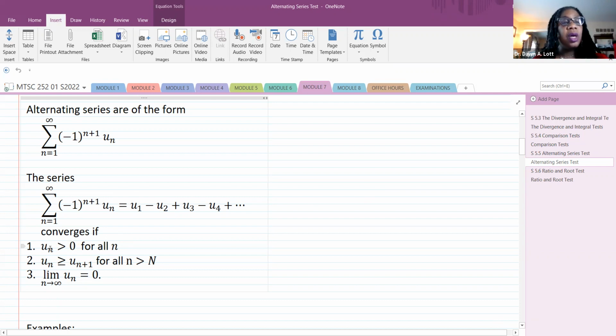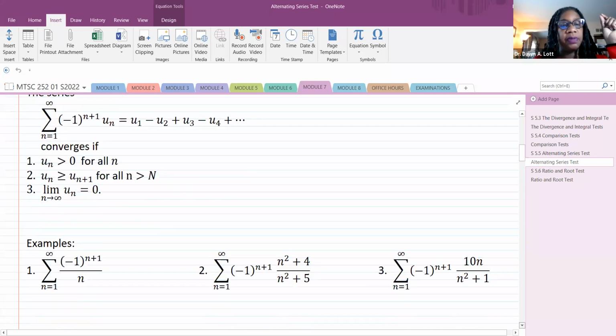That is, UN, the term that's not included in the alternating part, -1 to the n, has to be positive. UN has to be greater than UN plus 1. In other words, each successive term gets smaller, and we have to show the limit of UN goes to 0.